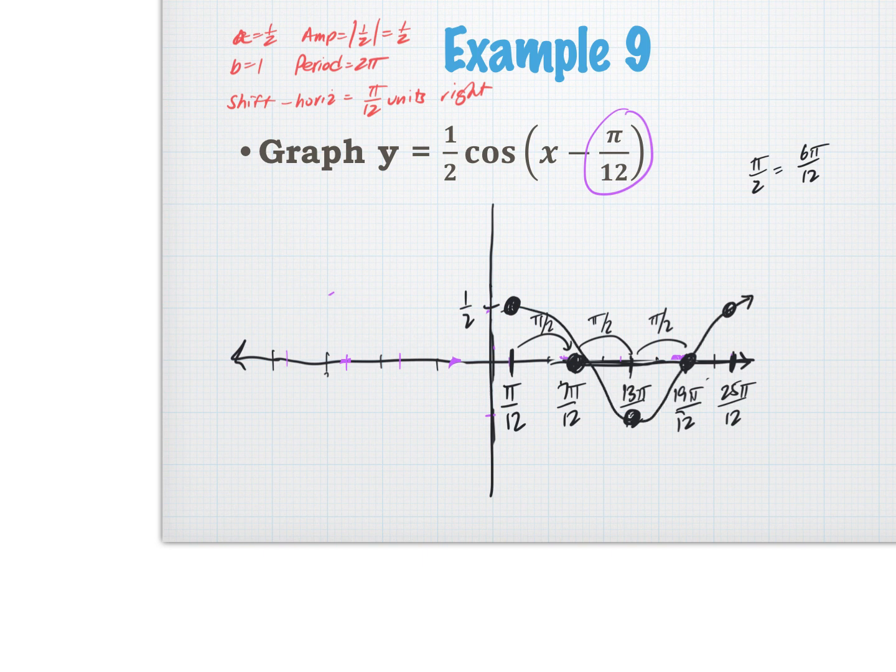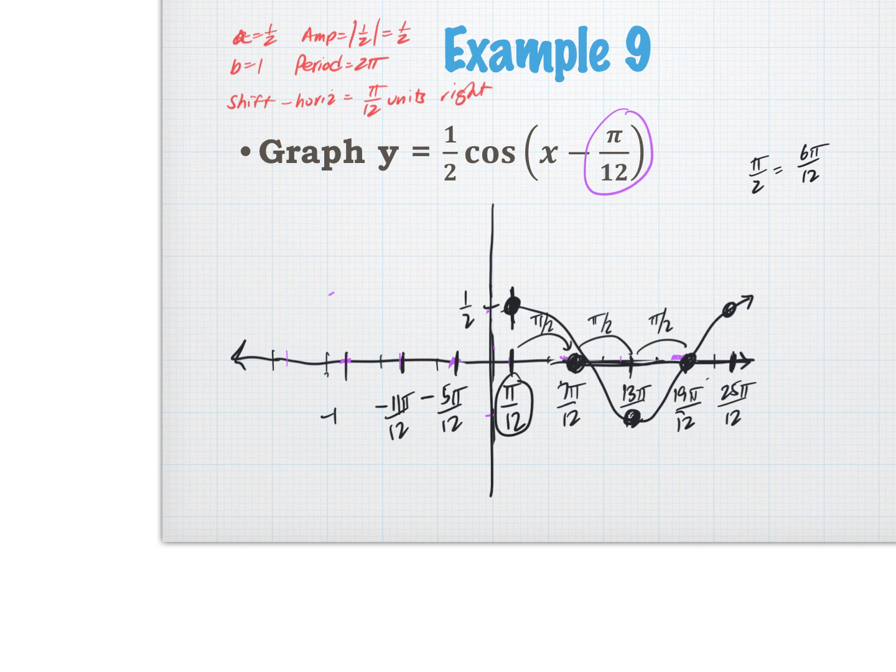And so again, now I'll do the thing to the left. I'll start at pi over 12 again, because this is kind of like my center, and I'm going to subtract pi over 2 to both sides. So when I subtract it, this is going to be at negative 5 pi over 12. The next one's going to be at negative 11 pi over 12.